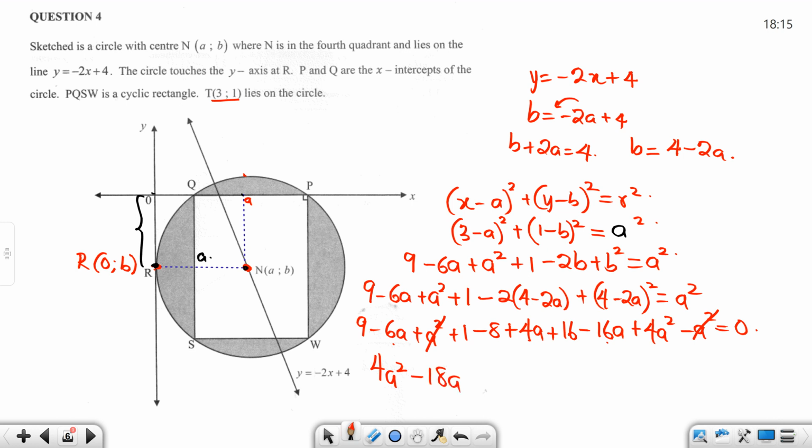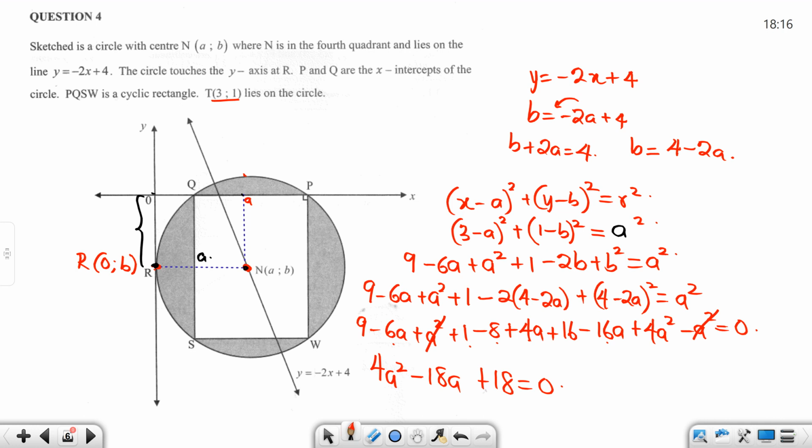What about the constant? 9 plus 1, 10. 10 minus 8, 2. Plus 16, 18. Do we agree? Equals to what? 0. What do we do?